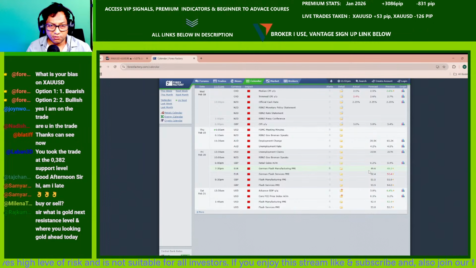What is your next resistance level where you're looking at gold ahead today?